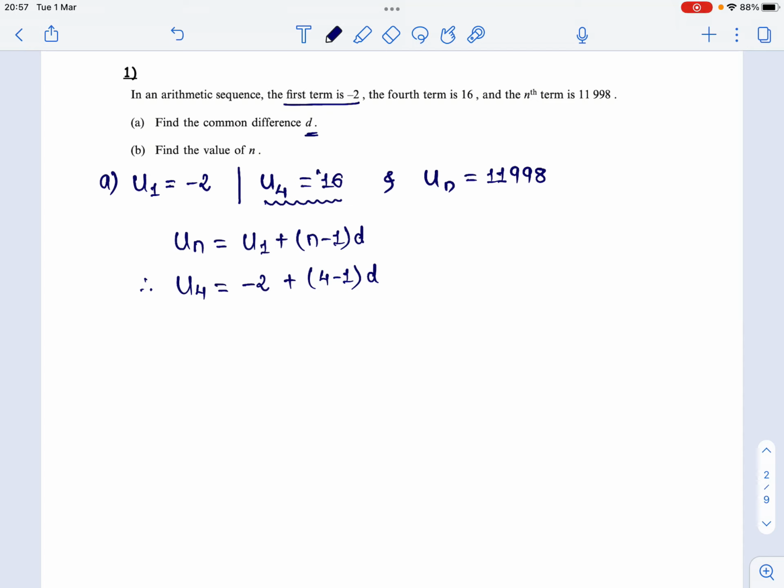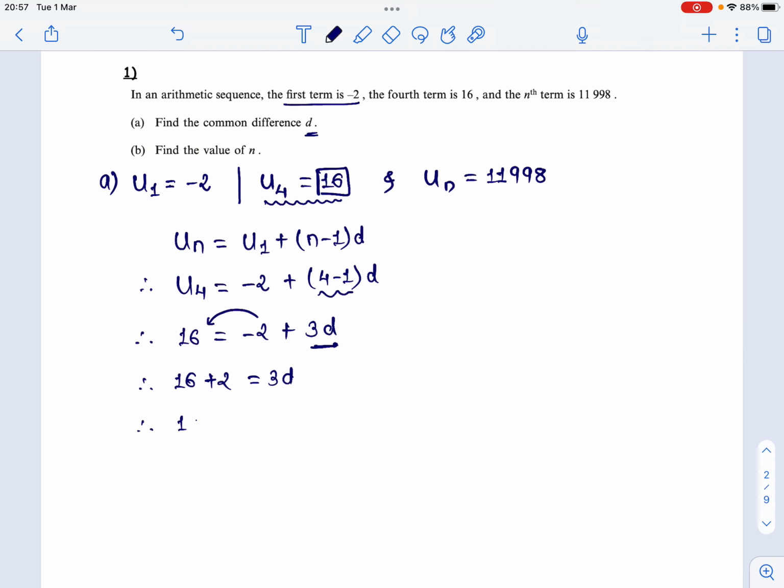But we know that the fourth term is 16. So we will replace u4 with 16: 16 is equal to minus 2 plus 4 minus 1, which is 3, times d. To find d, we need to isolate this term. So take this minus 2 to the other side. It becomes 16 plus 2 is equal to 3d.